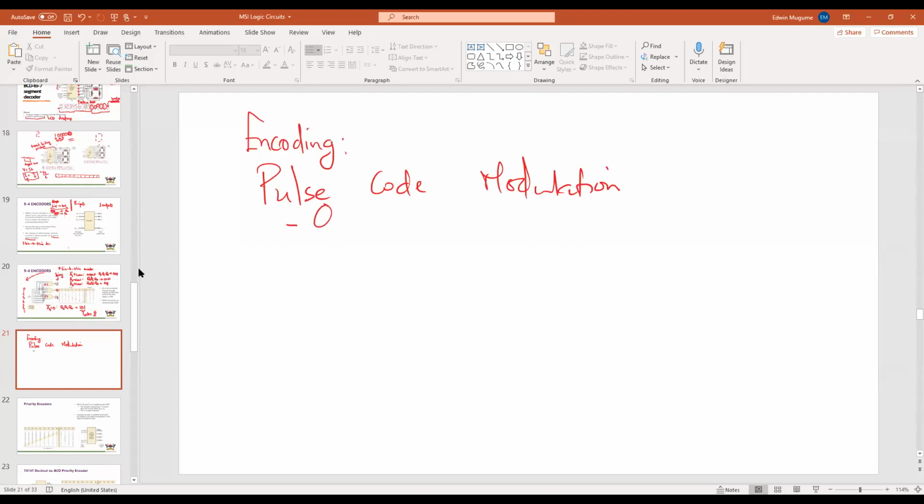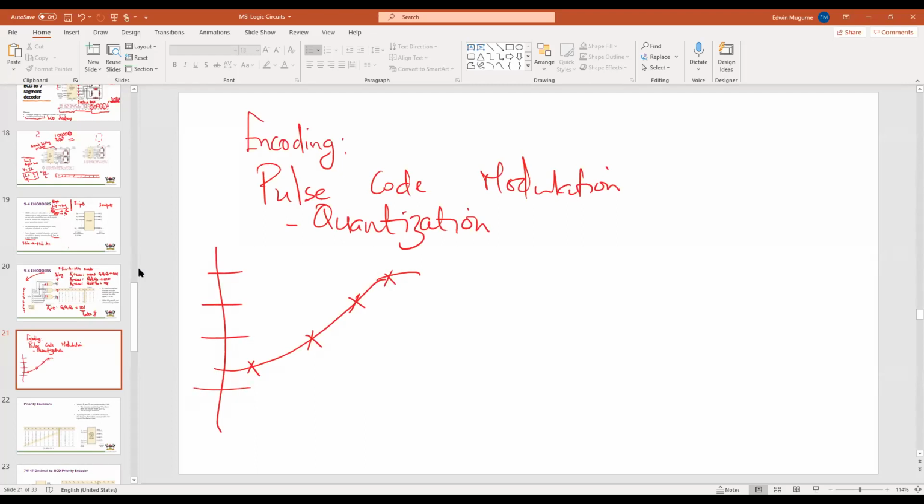In there, you have a process called quantization, where you have a signal and you take samples. Usually you'd have different quantized levels. So between here and here is 0, 0, then 0, 1, then 1, 0, and up here 1, 1.